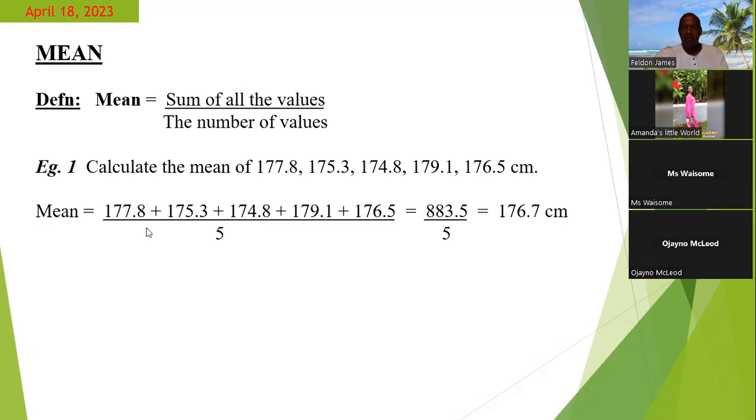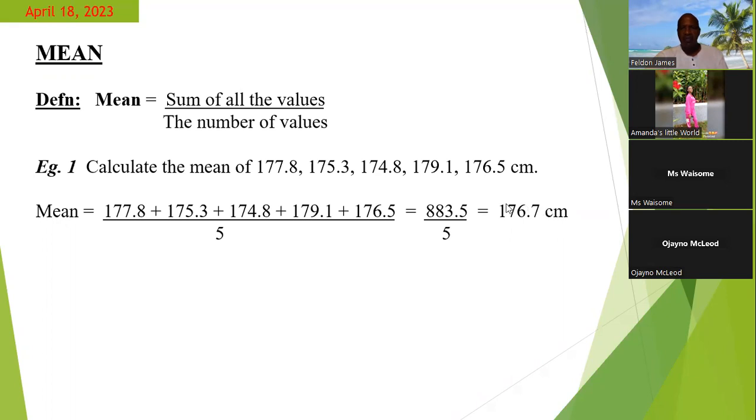So we're going to add up all the values and divide by 5. So when we add up all the values, we get 883.5. Divide that by 5, so we would get 176.7.